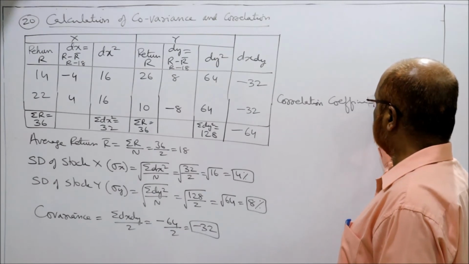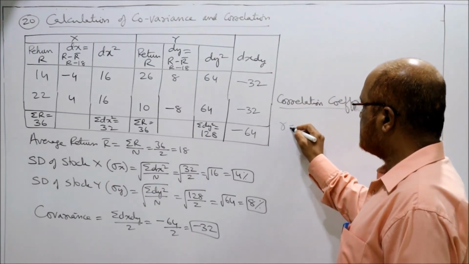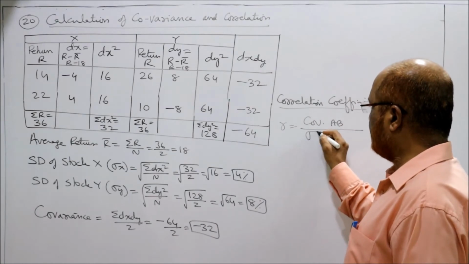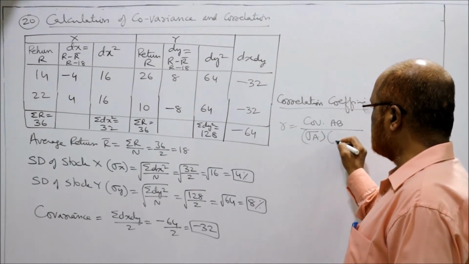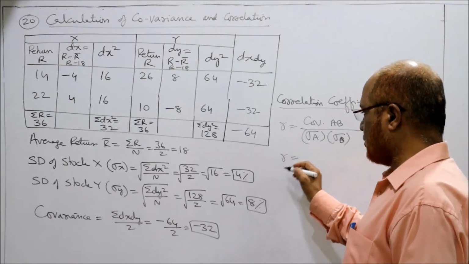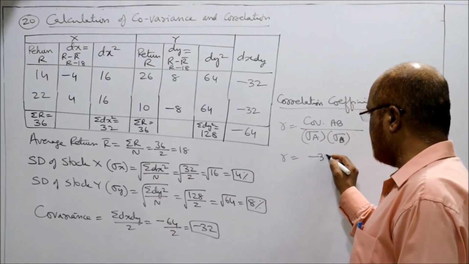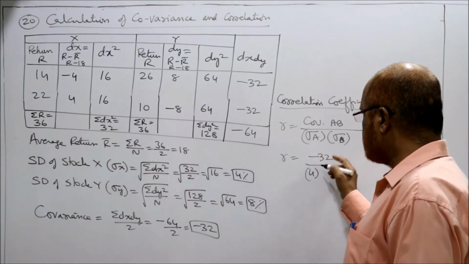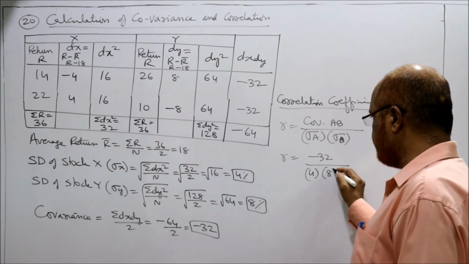Correlation coefficient R is equal to covariance between A and B divided by standard deviation of A into standard deviation of B. R is equal to covariance we got, minus 32. Standard deviation of A is 4. Standard deviation of B is 8.